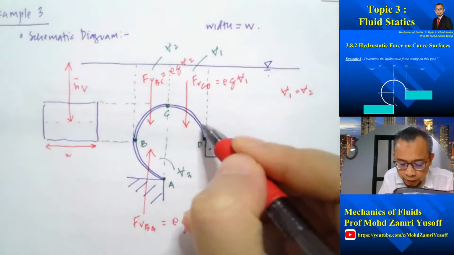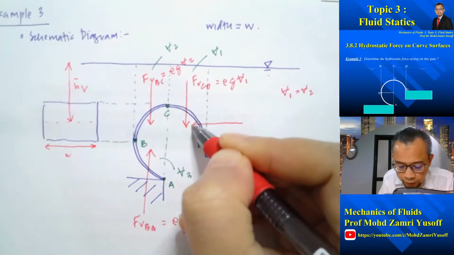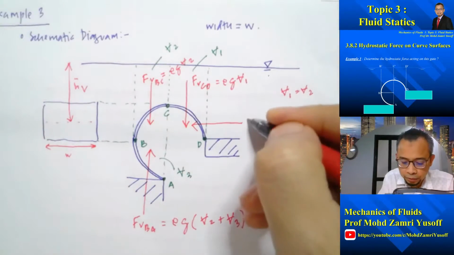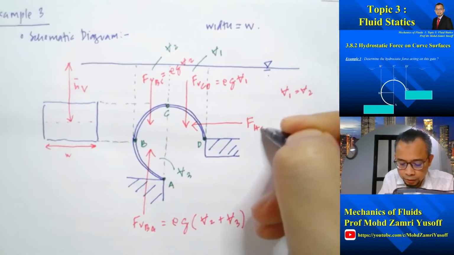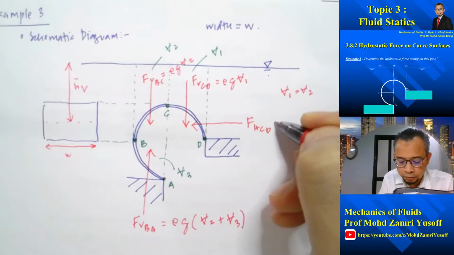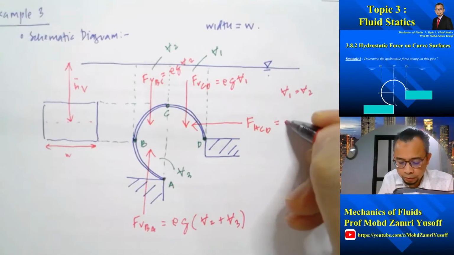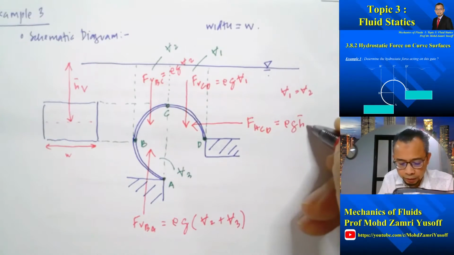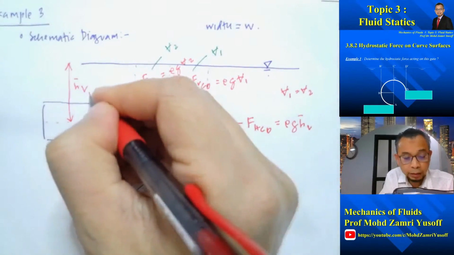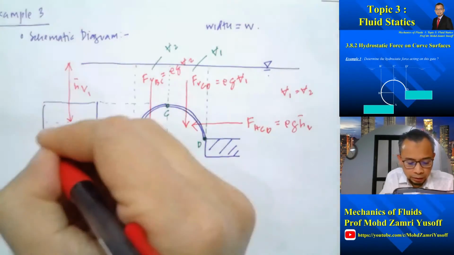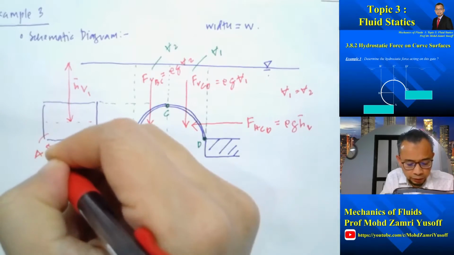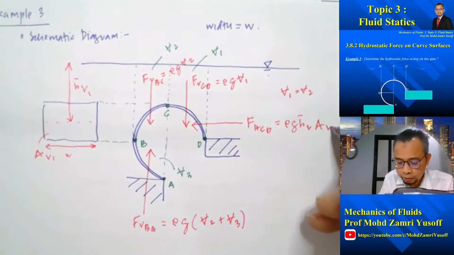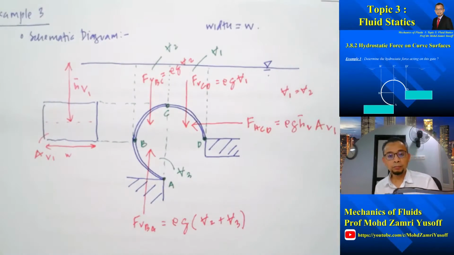So the force will be acting this way. So F horizontal CD will be equal to rho g h bar vertical, I call that h bar vertical 1, and then A vertical 1. Right.